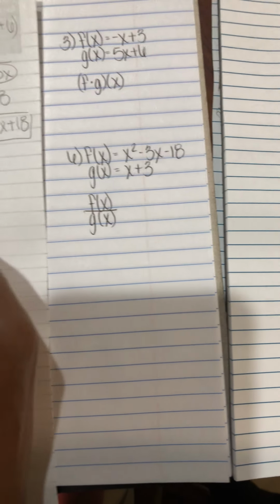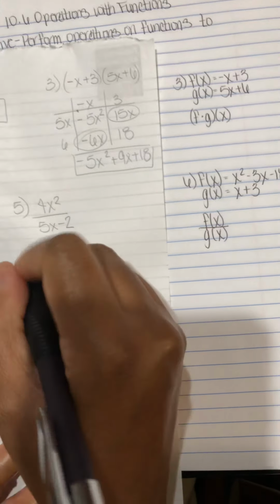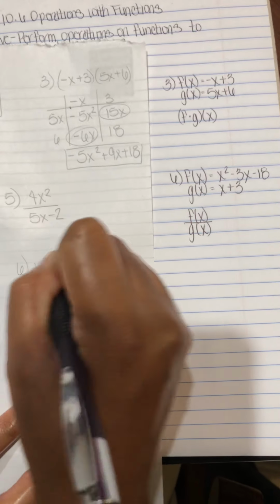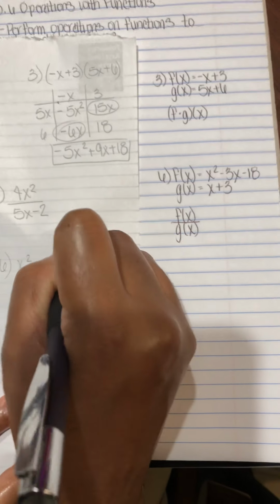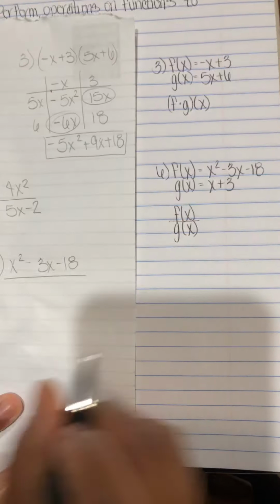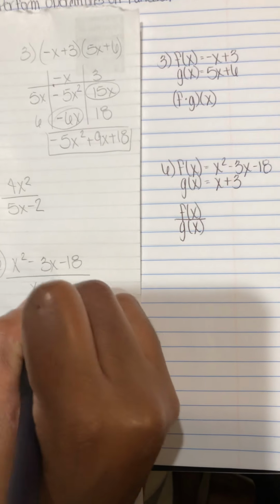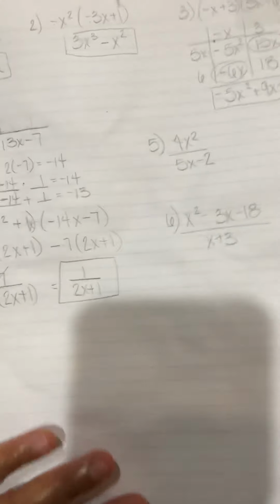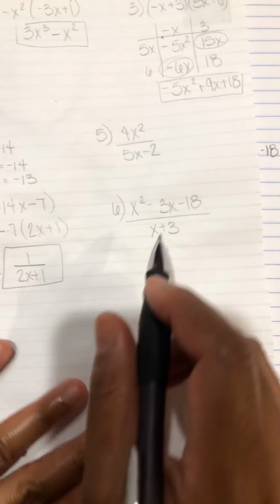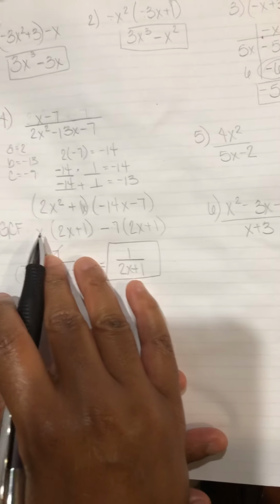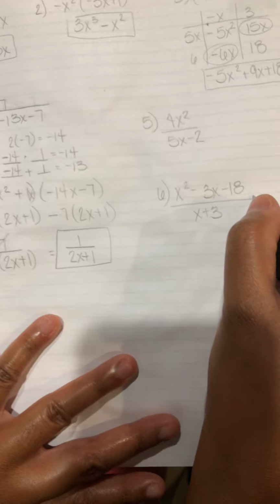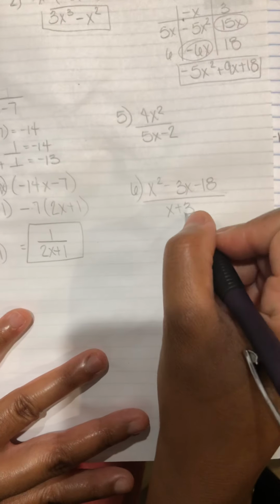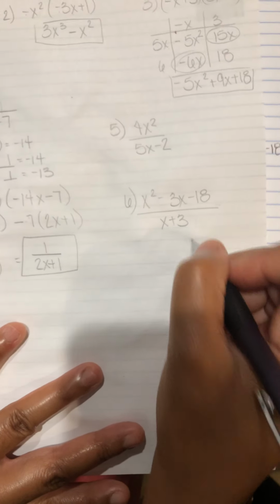All right, for number 6. Number 6 says x squared minus 3x minus 18 over x plus 3. So again, I'm going to do the same thing like I did for number 4. I'm going to find out my a, b, and c for the top part because the bottom part doesn't need it.